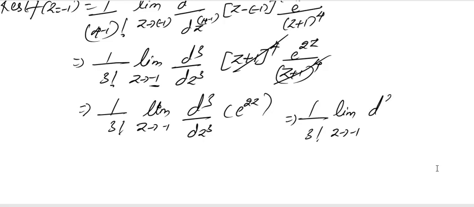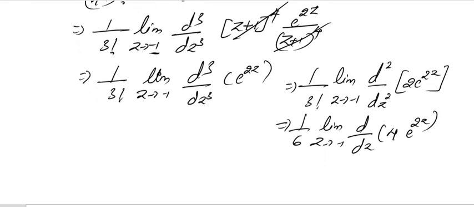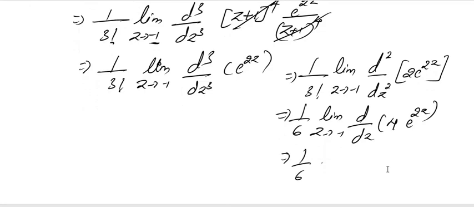When I differentiate, d cube will reduce to d square, so e power 2z becomes 2e power 2z. Differentiate it again, limit z tends to minus 1, so d by dz of 4 e power 2z. Again I am going to differentiate, that's the last differentiation. 3 times we have differentiated, so limit z tends to minus 1, 4 into 2 e power 2z.